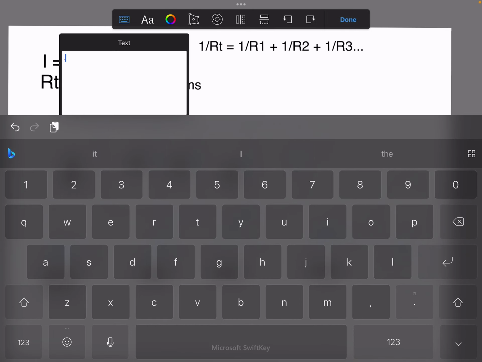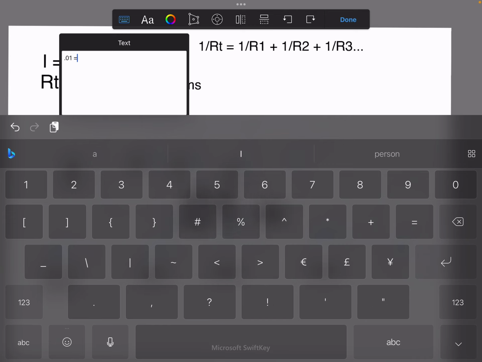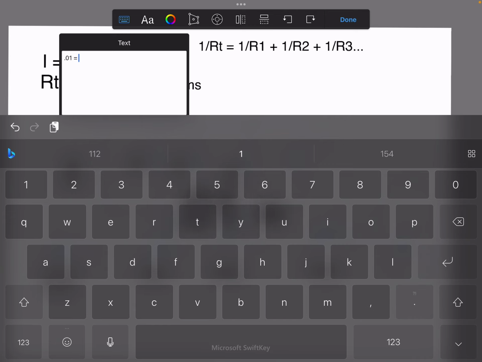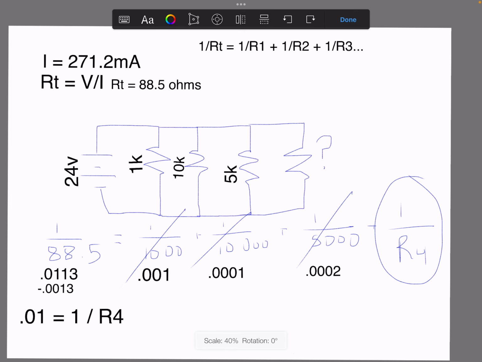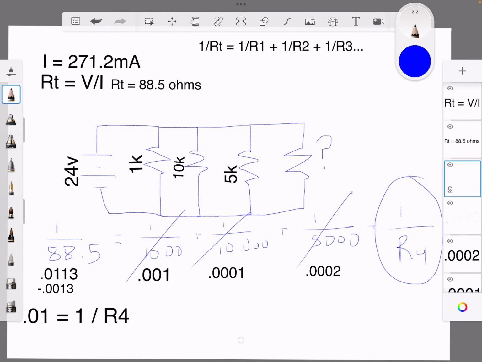So, 0.01 equals 1 divided by the resistor that is unknown, R4. So I'll put an extra space in there for that. Here we go. That is what we're left with. We're almost there. Now remember, take the reciprocal. All you have to do is flip this one around and then flip this one around, so it's 1 divided by 0.01.